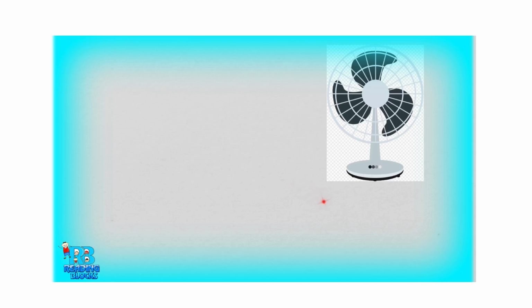So here's a picture of a fan. Fan. What is that first sound you hear in fan? Did you say f? Very good. Good job. That's the first sound. F. And here's how we would write the f sound. Just like that, the letter F. F, f. Let's practice making this sound.